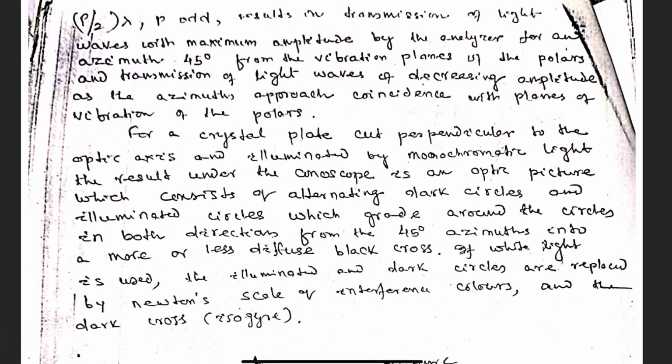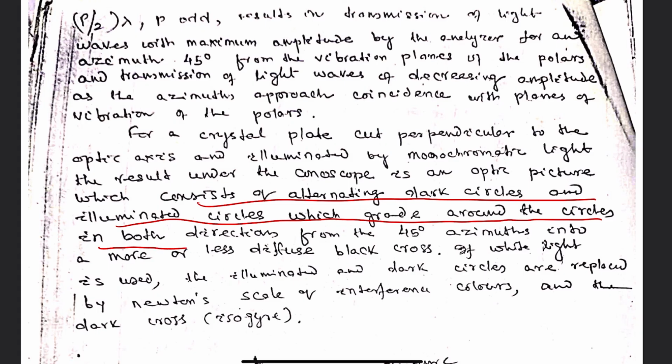For a crystal plate cut perpendicular to the optic axis and illuminated by monochromatic light, the result under conoscope is an optic figure which consists of alternating dark circles and illuminated circles which grade around the circles in both directions from the 45 degree azimuths into the more or less diffuse black cross.